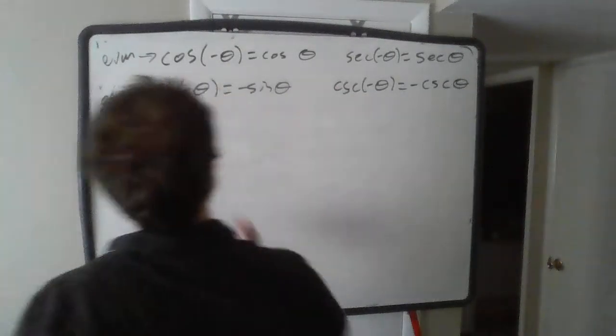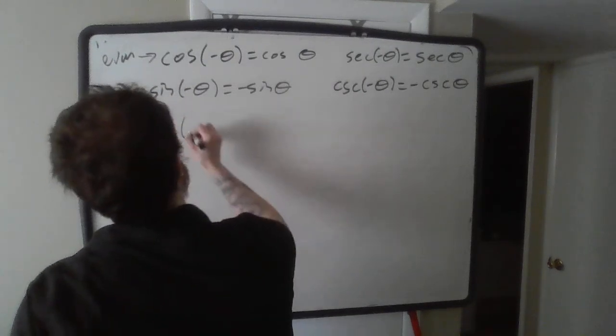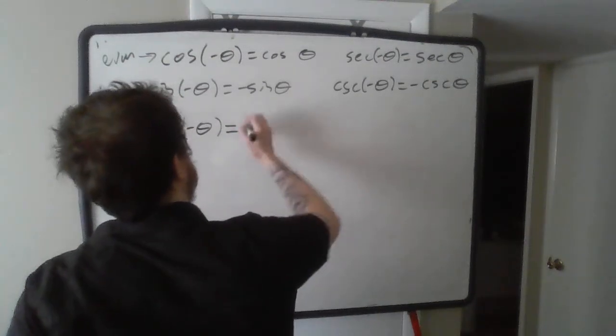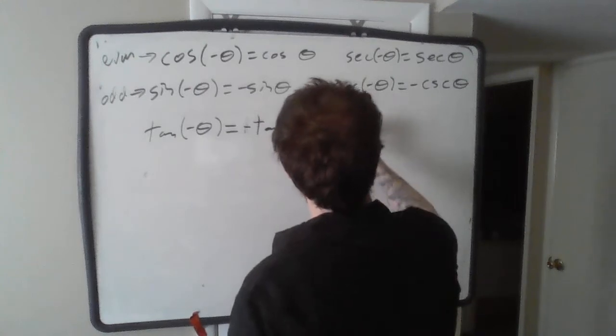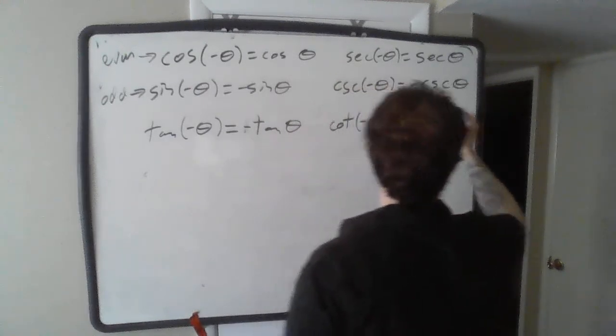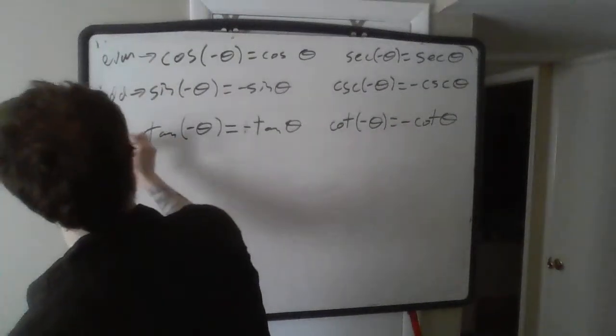And then we get relationships for tangent and cotangent. So the tangent of negative theta is equal to negative tan theta, and the cotangent of negative theta is equal to negative cotangent theta. So tangent and cotangent are odd as well.